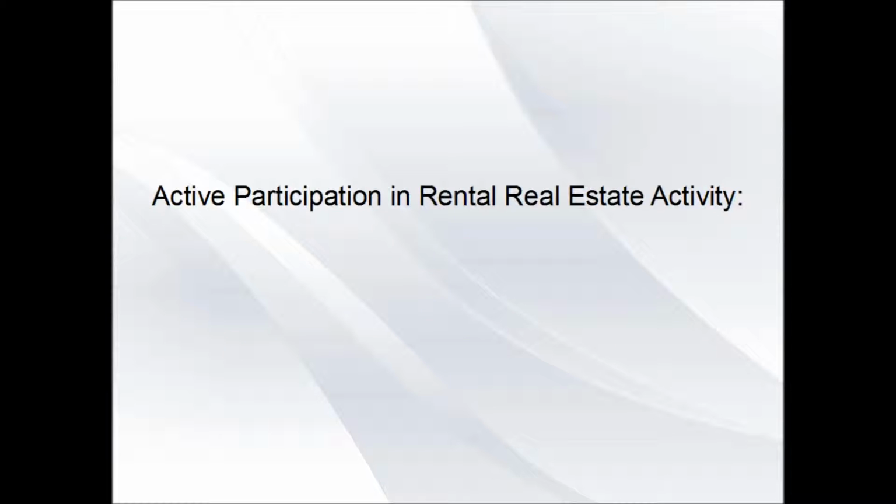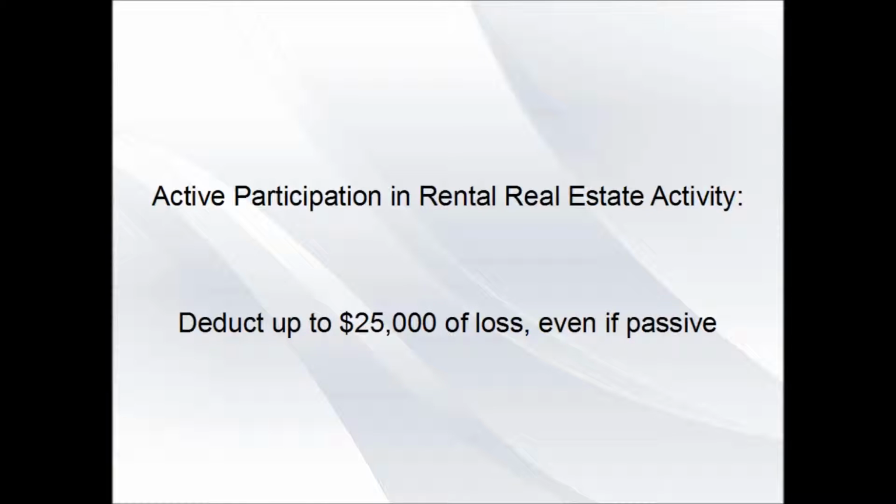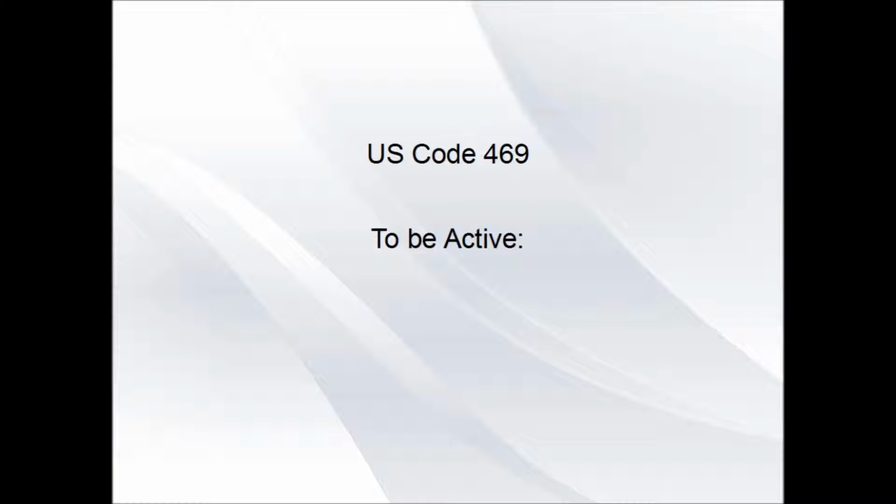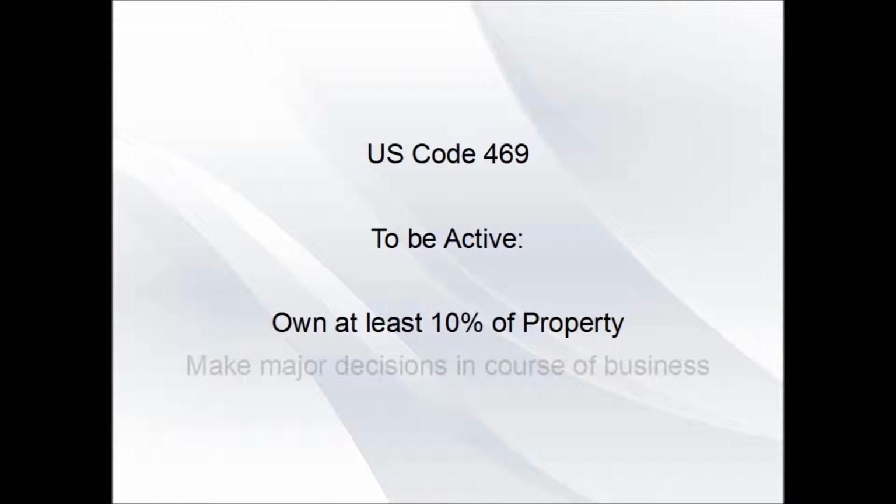If you actively participate in a rental real estate activity, you can deduct up to $25,000 of your rental loss even though it's passive. When we say actively participate, we mean that you own at least 10% of the property and you make major management decisions, such as approving new tenants, setting rental terms, and approving improvements, and so forth.